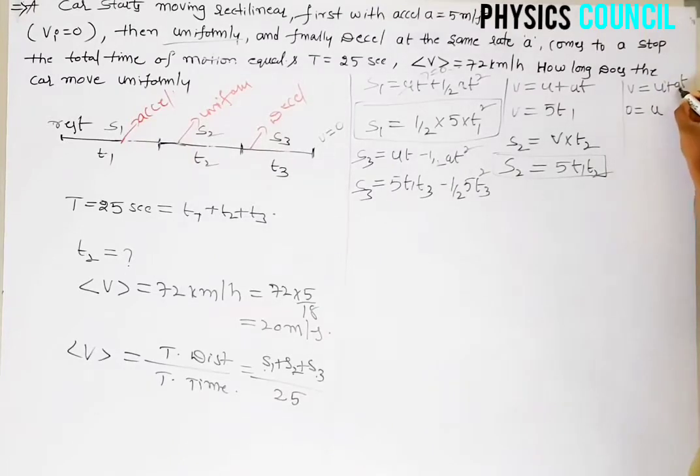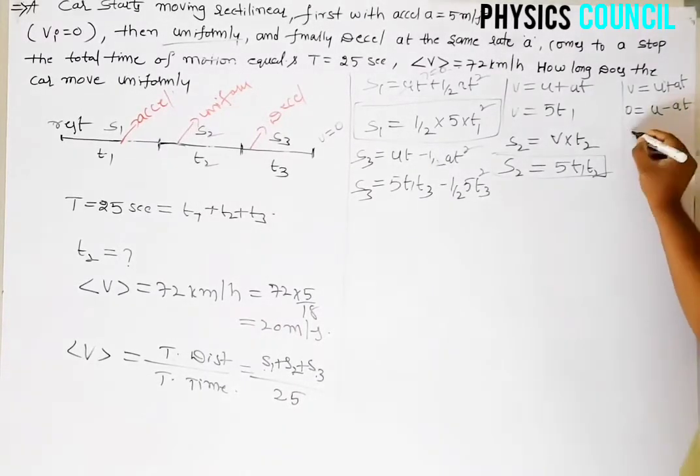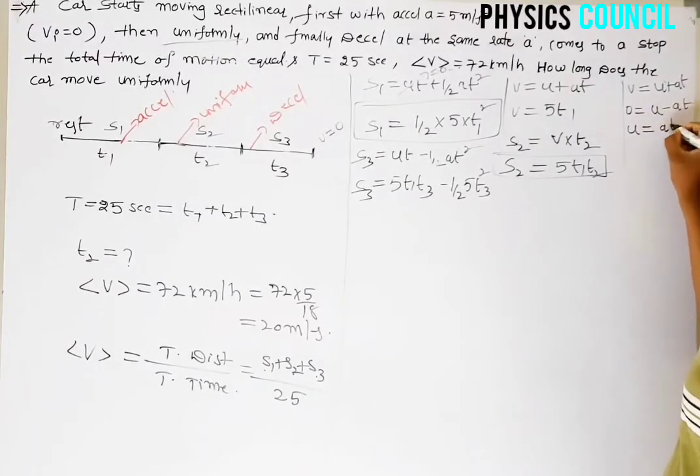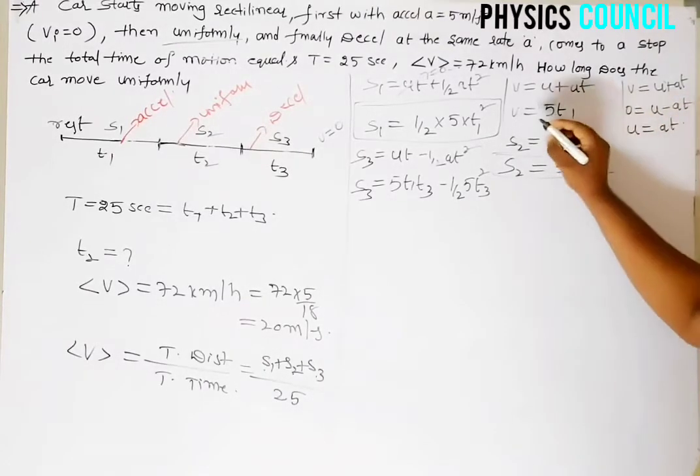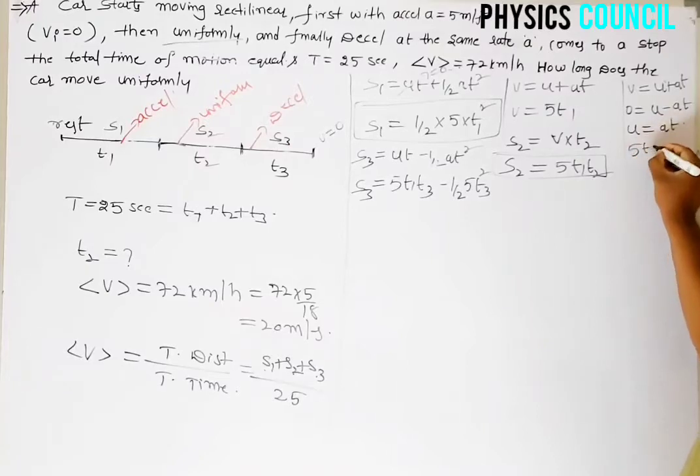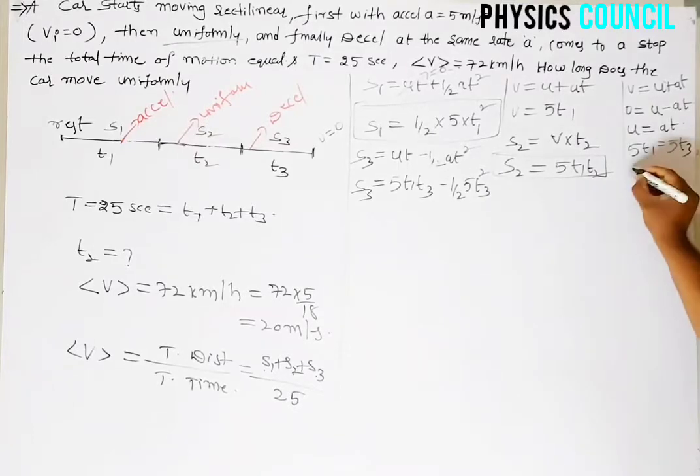And this is a deceleration, can I say this is a minus 5, isn't it? So u is equal to 5t1, and that equals a, which is 5, and t means t3. So 5t1 is equal to 5t3, so t1 is equal to t3 over here.